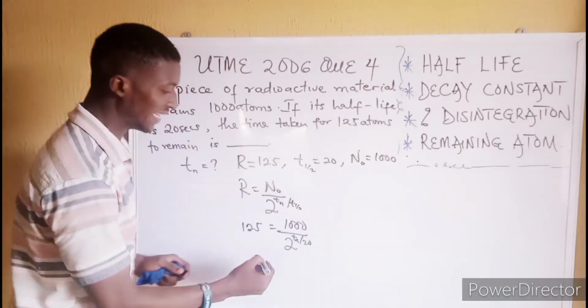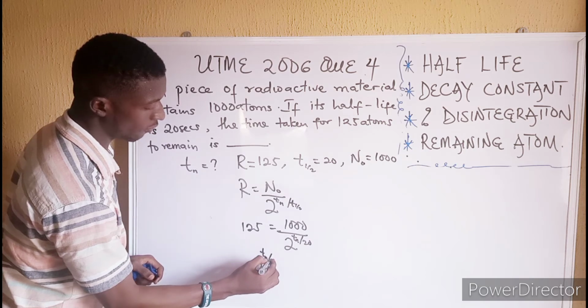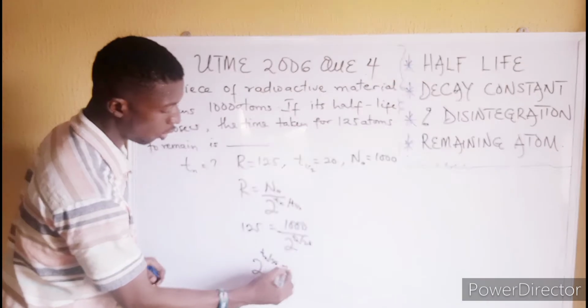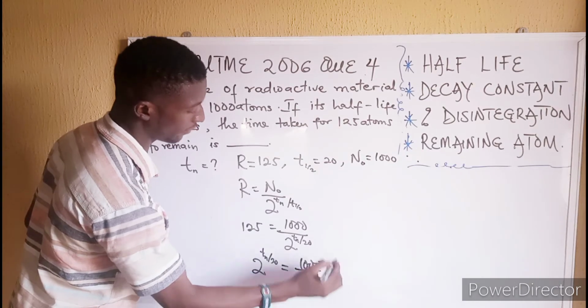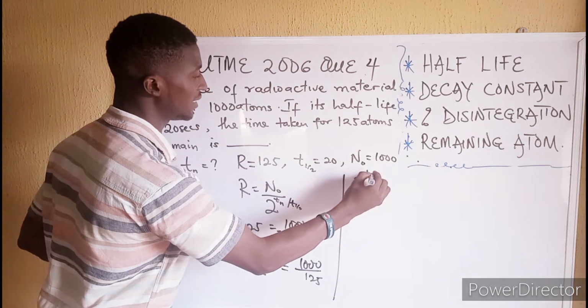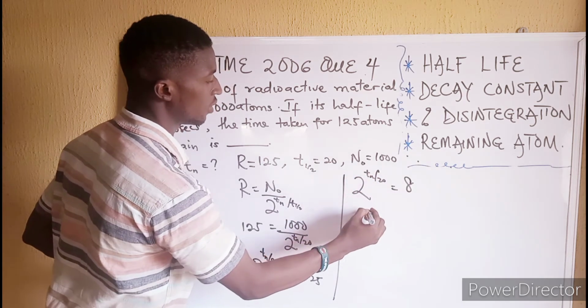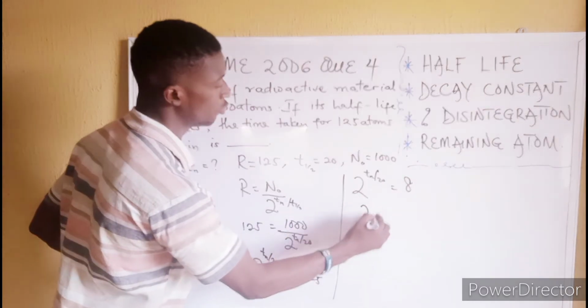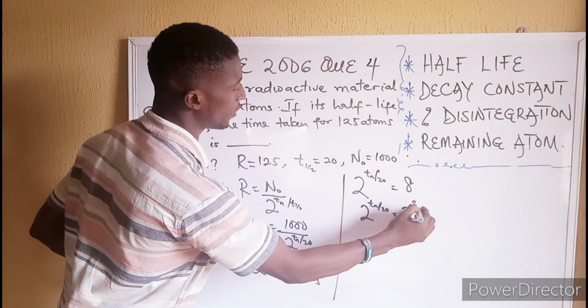So therefore we can say that 2 raised to power Tn over 20 equals 1000 over 125. And from here 2 raised to power Tn divided by 20 is equal to 8. So 2 raised to power Tn over 20 equals 2 raised to power 3.